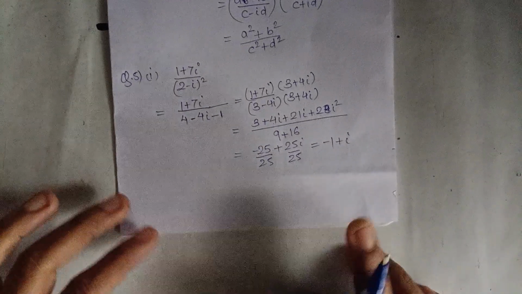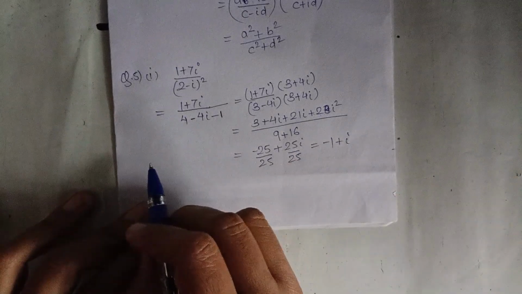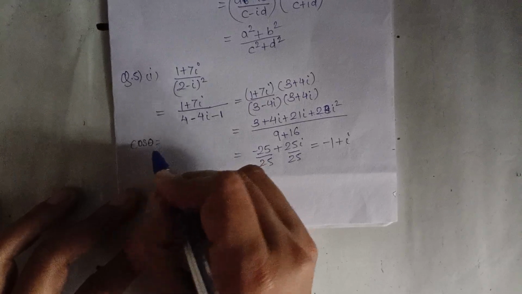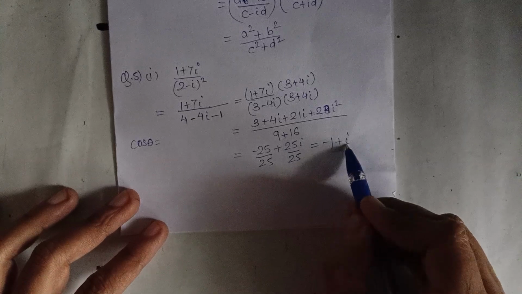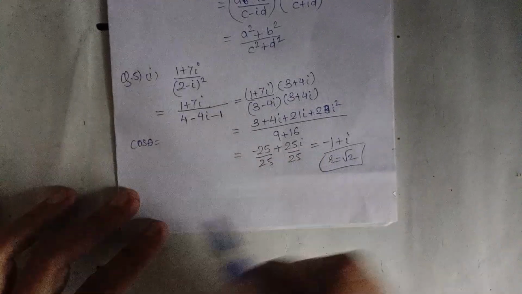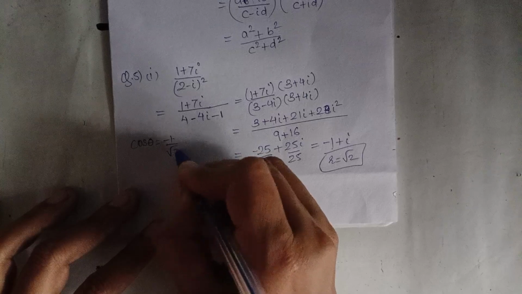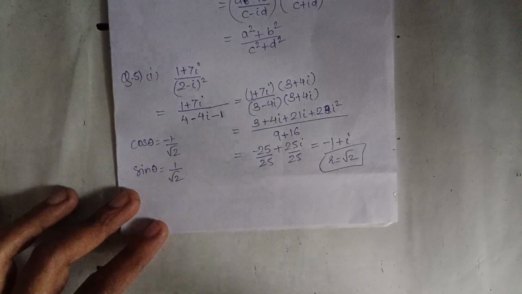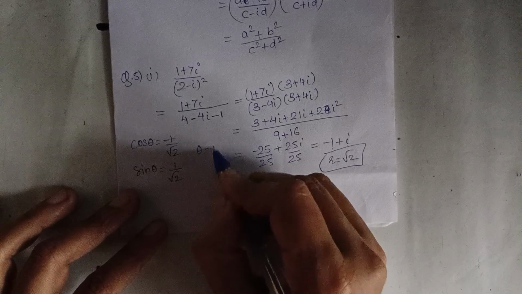Now you have to write the polar form. So this is x plus iy. You have to find r first. r is root of 1 square plus 1 square, so this is root 2. Cos theta is x upon r, sin theta is y upon r. 1 upon root 2 means theta is pi by 4.